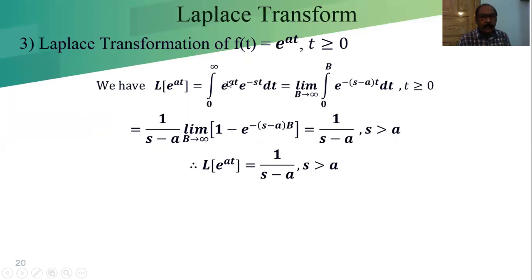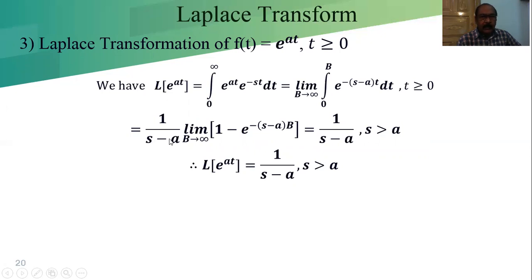So adding the two indices, we get e to the power minus, we can take the minus before, so (s minus a) t dt, t greater than or equal to 0. So we know the integration of e to the power minus st; we can treat s minus a as one quantity.